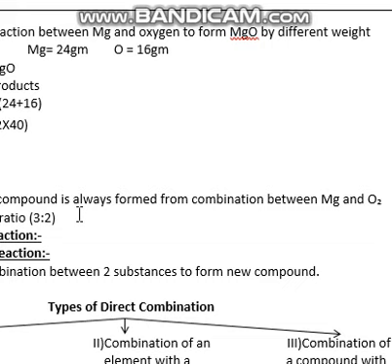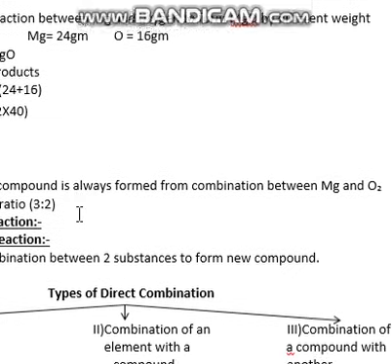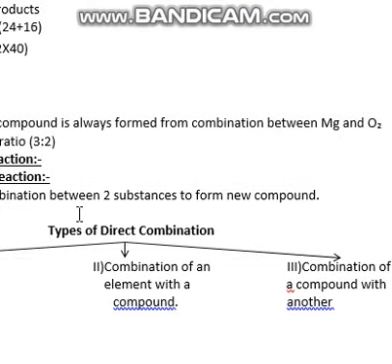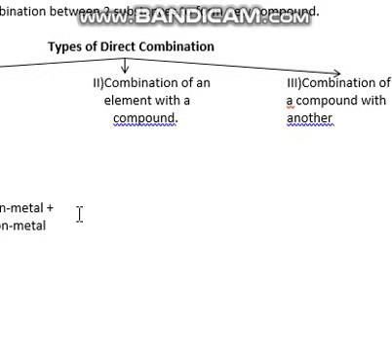You have reactant mass 2 times 24 plus 16 times 2 equals 48 plus 32. The ratio between 48 and 32 is 3 to 2. So the magnesium oxide compound is always formed from the combination of magnesium and oxygen in a constant weight ratio of 3 to 2. Do you understand these two laws?